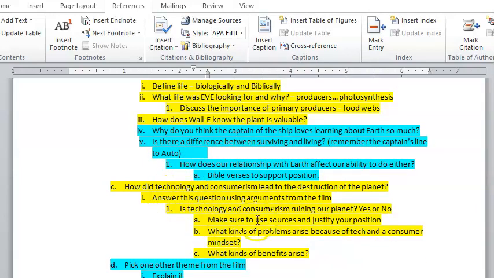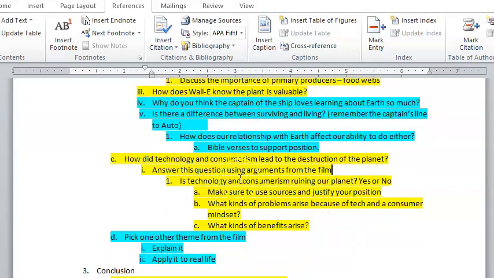Next paragraph. This could all be just one paragraph. So how did technology and consumerism lead to the destruction of the planet in the movie? Okay. Is technology and consumerism ruining our planet? Yes or no? Use sources, so research, and justify your position. So this is, again, a moment where you could say yes, you could say no, but you have to justify your position. I've seen papers where people take both sides.